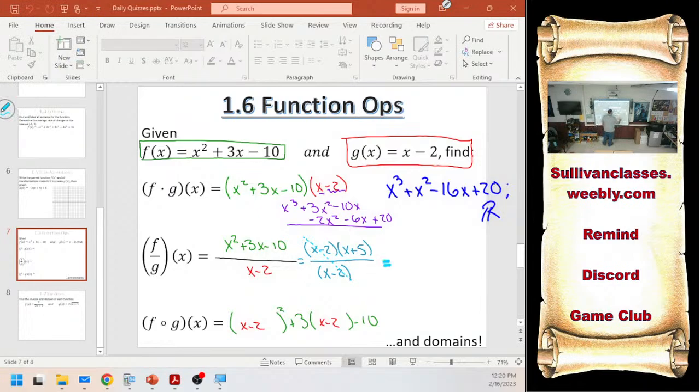Yes, your final solution is x plus 5. But the domain is not all real numbers. Why? Okay. So even though this is the simplified version of it, there is a hole back here that I still have to get rid of.